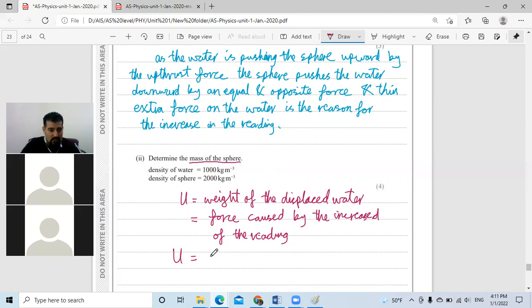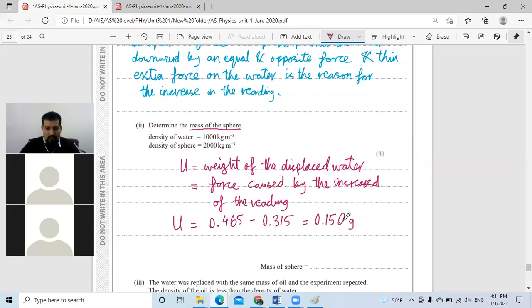Okay, so 0.465 minus 0.315 is equal to how much? 0.150 kilograms, sorry, not grams. Now I have to multiply it by g. By multiplying by 9.81, I will find the value of the force.